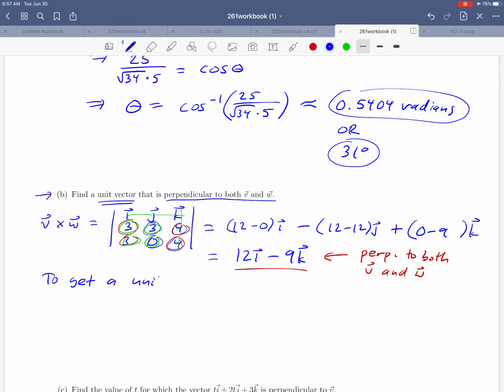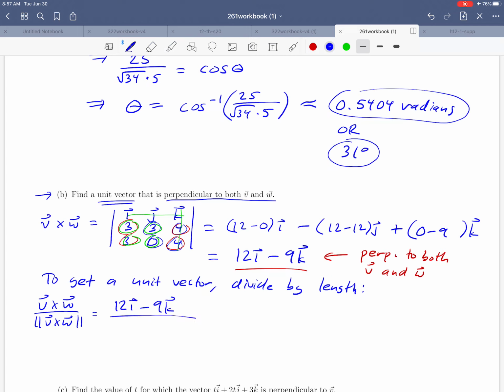So to get a unit vector, we'll just divide by the length of the vector. Okay, so v cross w divided by the length of v cross w is going to be the calculation that we just made, 12i minus 9k, and we're just going to divide that by the length.